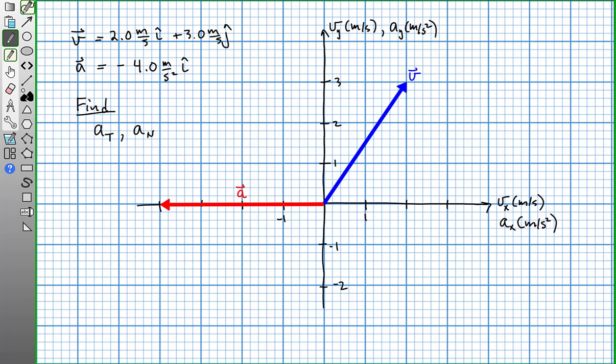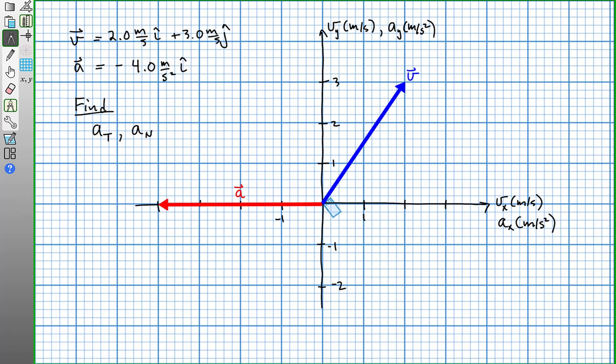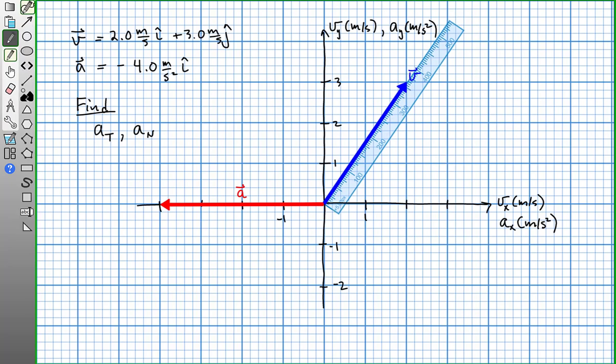To better illustrate that relationship, let's go ahead and draw a line on which the velocity lies. To help me with this, I'll just use a ruler. So here's our ruler that is parallel to the velocity vector. So the line on which velocity lies is given by these dashed lines.